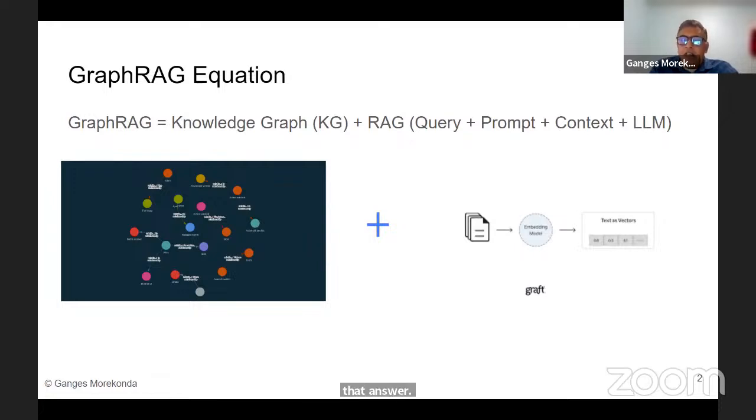But still, there is a potential problem. It's not always perfect. Because of the large context window, you will be chunking that document into smaller chunks.